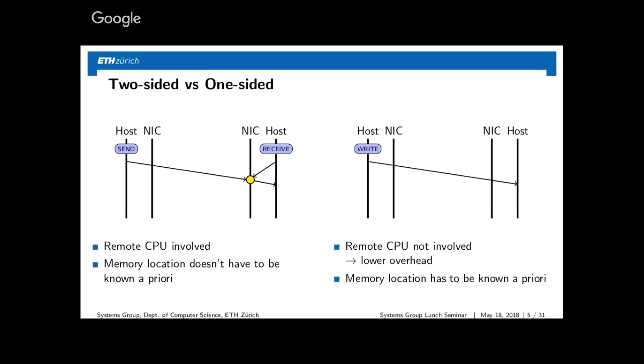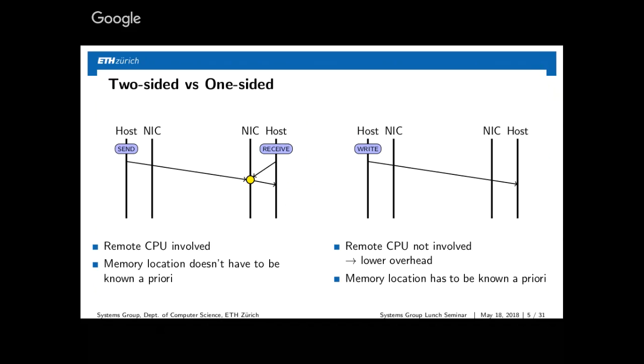Then in the 1-sided case, here we have a write command from the local host, and then the NIC will essentially execute this. And since the write command actually contains the remote virtual address, the NIC on the remote side can immediately place the data, and that remote CPU is not involved at all in this transfer.